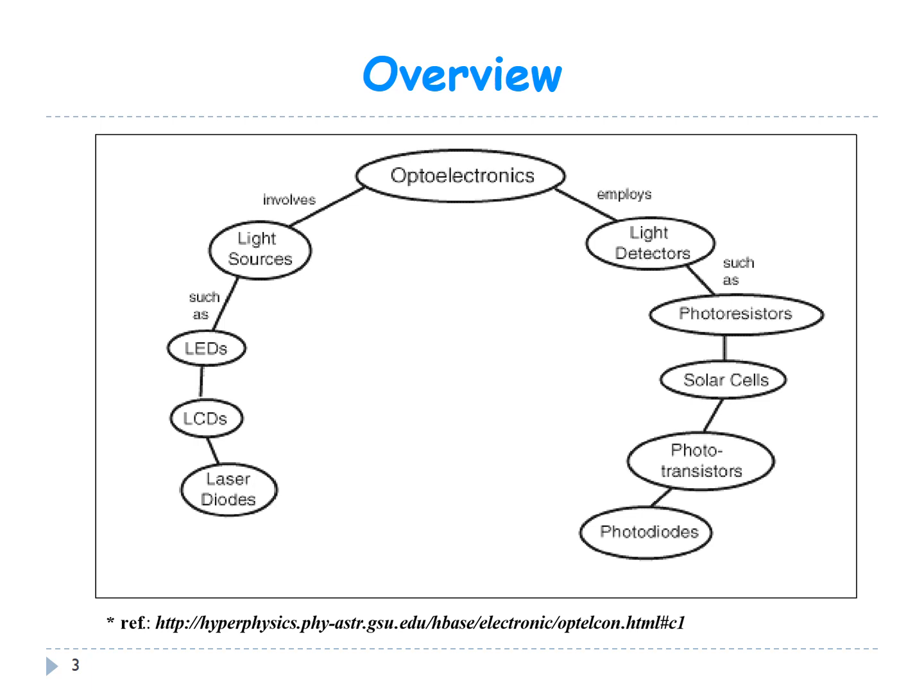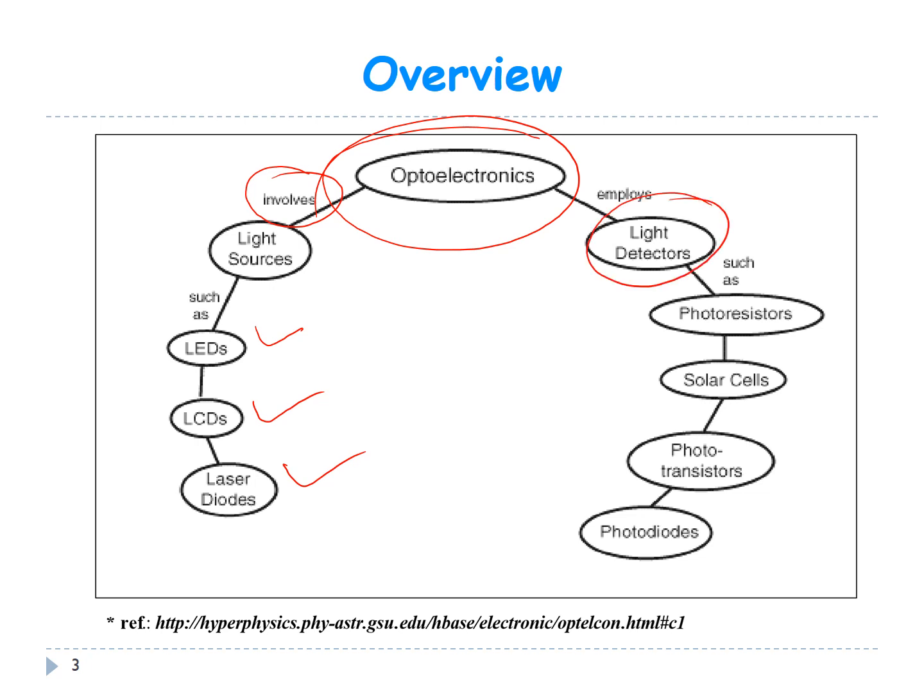Okay, so let's start by looking at an overview of optoelectronic devices. In summary, optoelectronic devices involve light sources such as LEDs, LCDs, and laser diodes. They employ light detectors such as photoresistors, solar cells, phototransistors, and photodiodes.